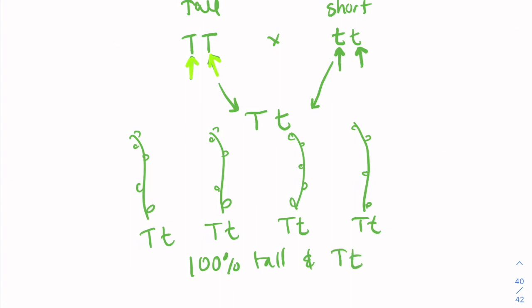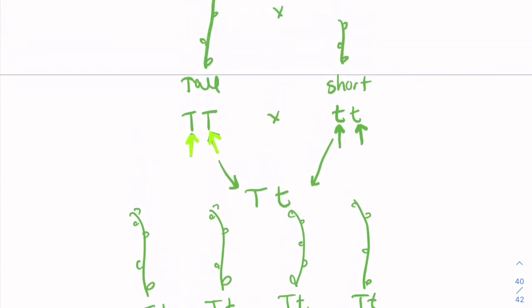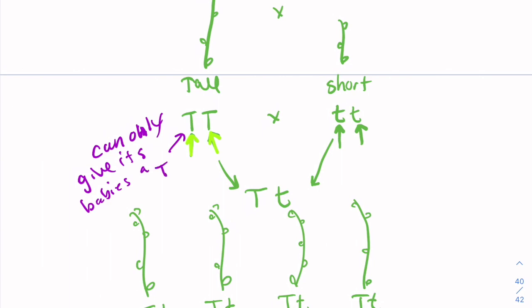That's an easy one to work out because this tall plant over here could only donate a dominant allele, can only give its plant babies a dominant allele, whereas the short plant over here can only give its plant babies a recessive allele.